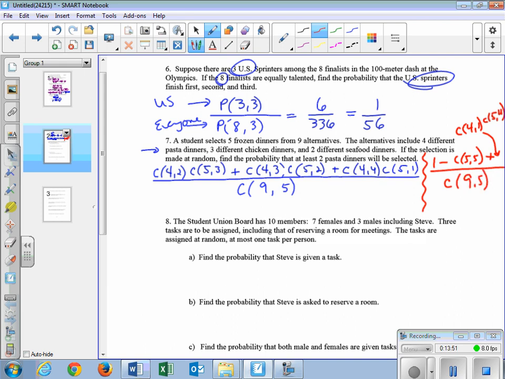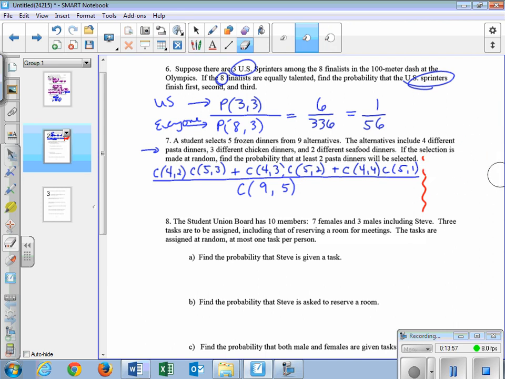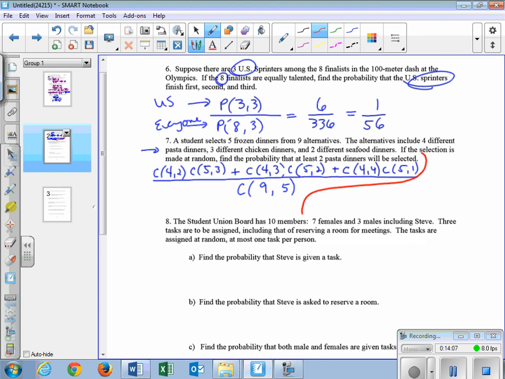Oh wait, that's not right. I put my division line in the wrong place. Let's start again. Let me write it so I have more room. Here's method number 2.